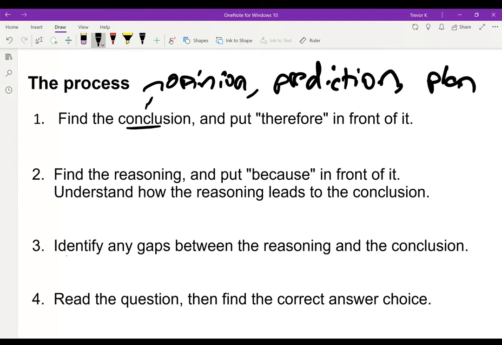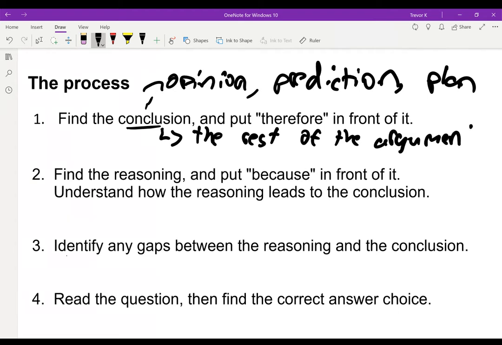It's something that the rest of the argument supports. And then I also have to find the reasoning and put because in front of it, and then understand how the reasoning leads to the conclusion.